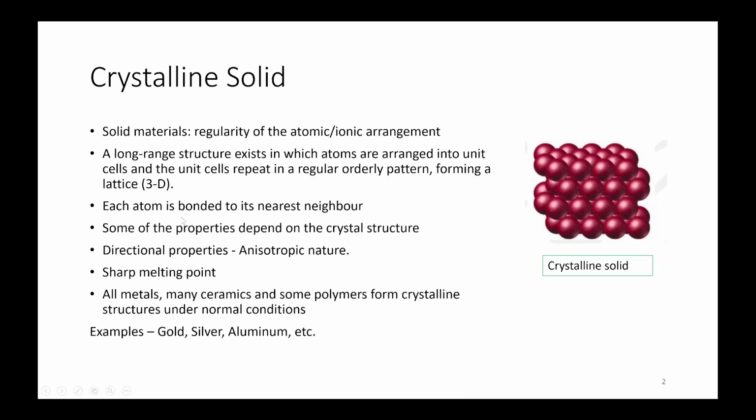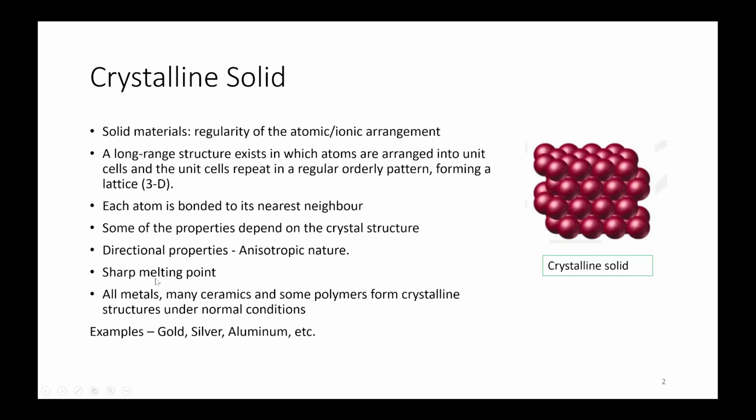In this, each atom is bonded to its nearest neighbor, and some of the properties depend on the crystal structure. For example, these have directional properties because of the ordering, and they show an anisotropic nature. So in different directions you will find your mechanical or optical properties to be different.